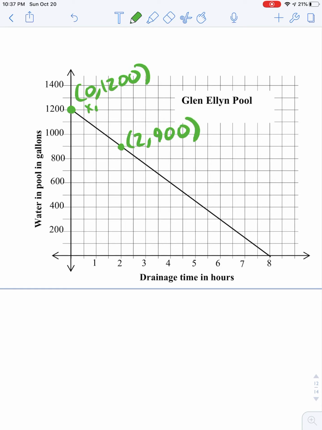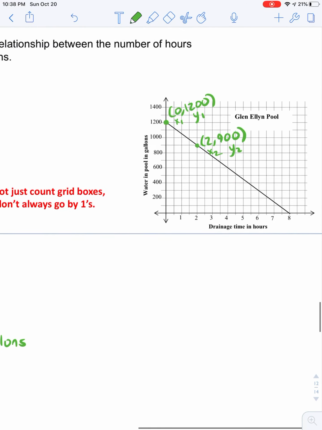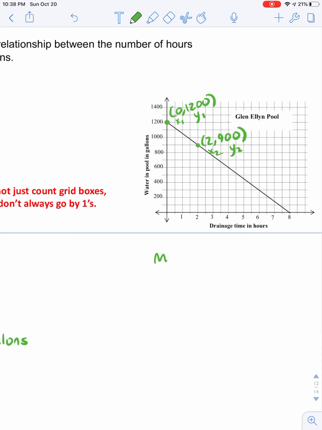This is x1, y1, and this is x2, y2. So we're going to make slope again, okay, or rate of change. M equals y2 minus y1 over x2 minus x1. My y2 is 900. My y1 is 1,200. My x2 was 2. My x1 was 0.